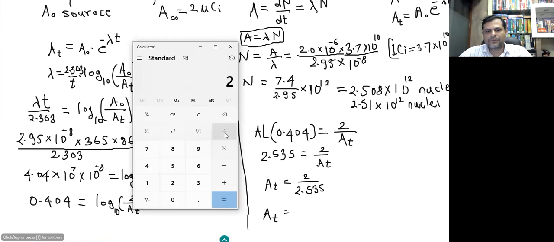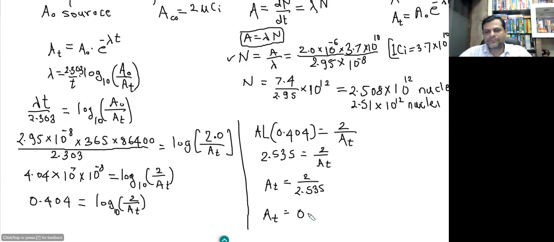So 2 divided by 2.535, which comes out to be 0.7889. Okay, so it is 0.7889, which can approximately be written as 0.79. Okay, and this is actually going to be the final answer.